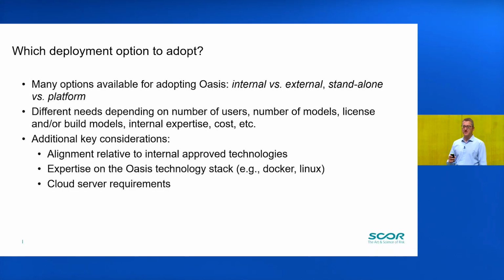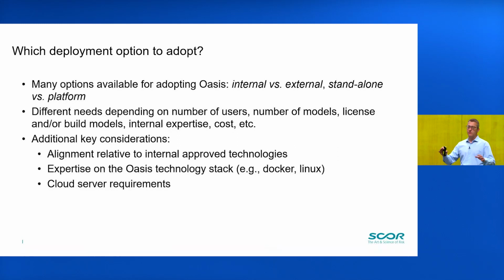First of all, it is important to have alignment relative to internal approved technologies. There have been issues in the past where we realized that the internal certified technologies were not matching what Oasis has. So, I'll just give a couple of examples.